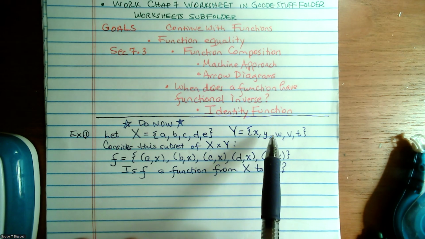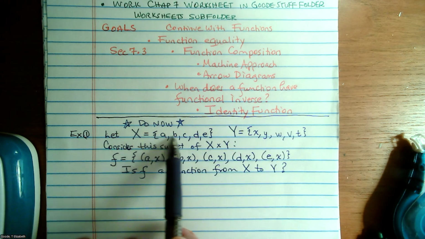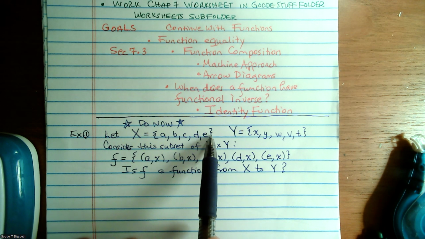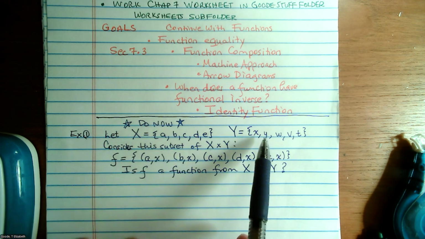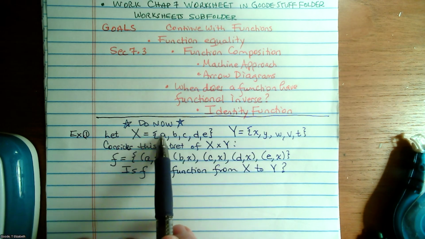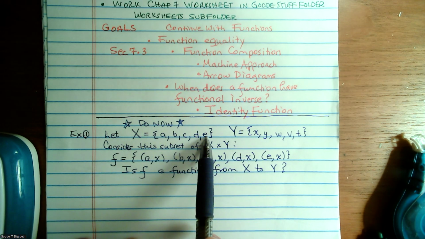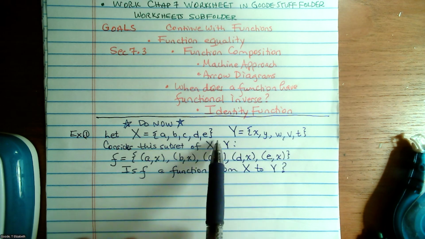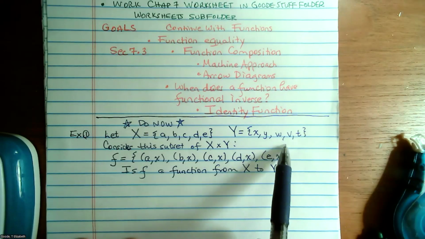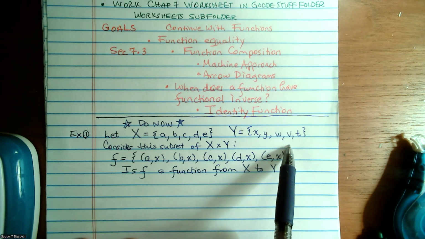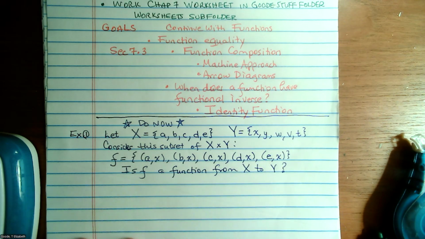So if we're thinking arrows, each element of the domain has exactly one arrow coming from that element and pointing to an element of the codomain. The key thing is every element of the domain has to map or pair with an element of the codomain, but it can only have one partner from the codomain. Okay, did that help?